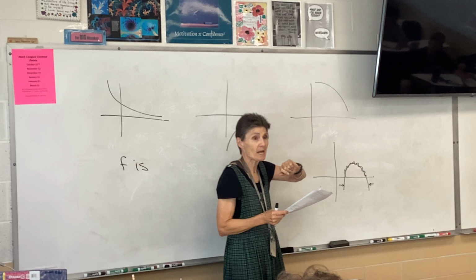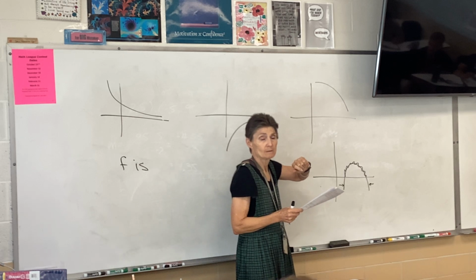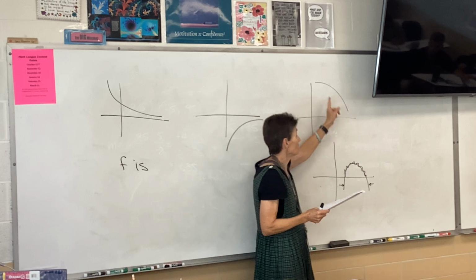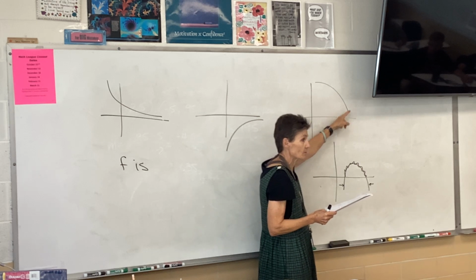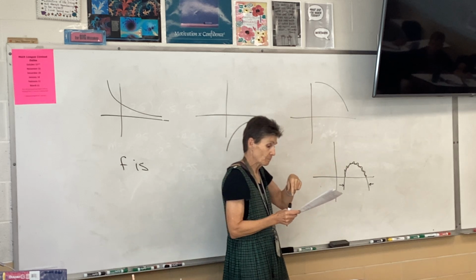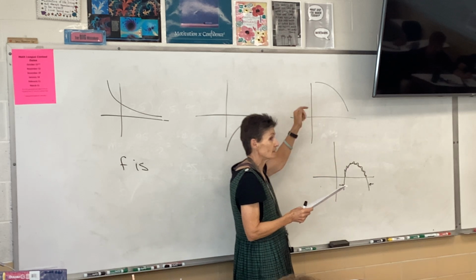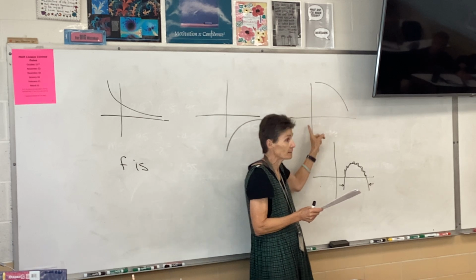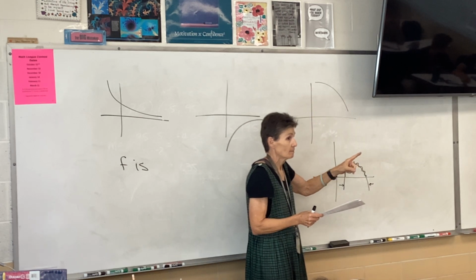The rate of change is the slope. What's the slope of all this right here? The slope of this is negative because it's going down. The rate of change is decreasing because this is concave down.